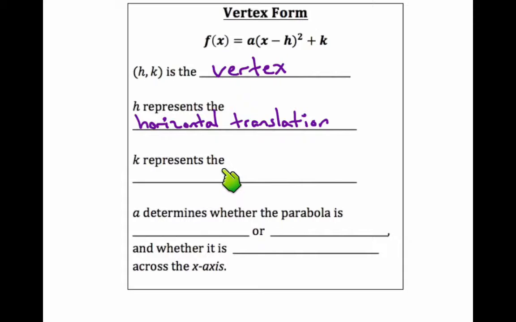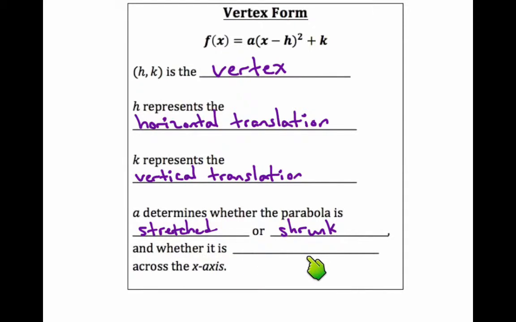K represents the vertical translation. And A determines what? Determines whether the parabola is stretched or shrunk. And also, if it's a negative A, it would be reflected across the x-axis.